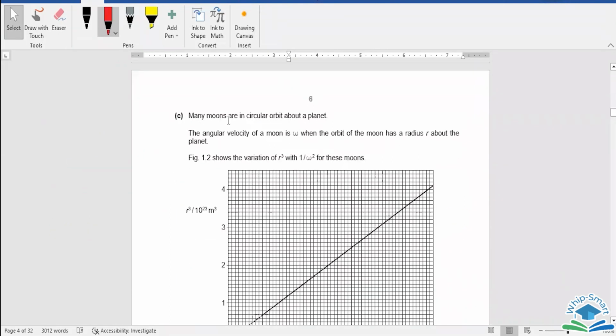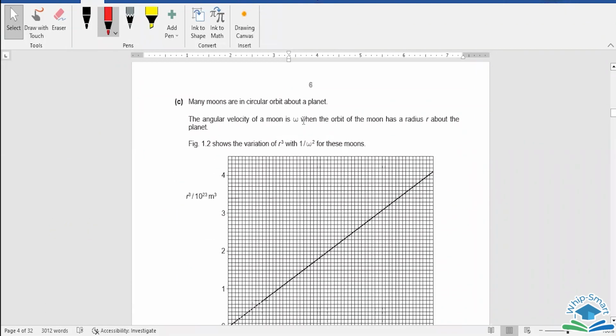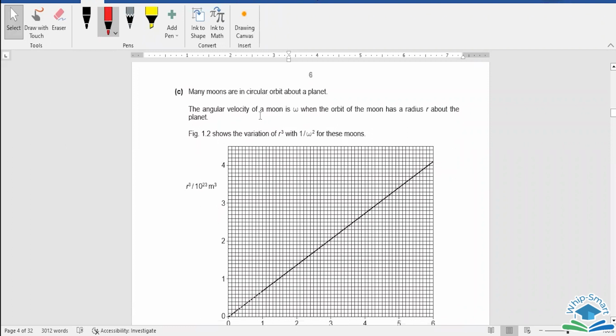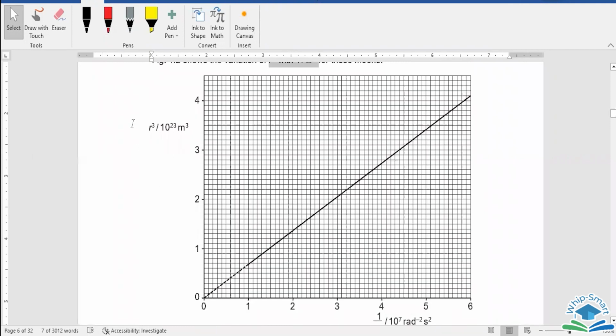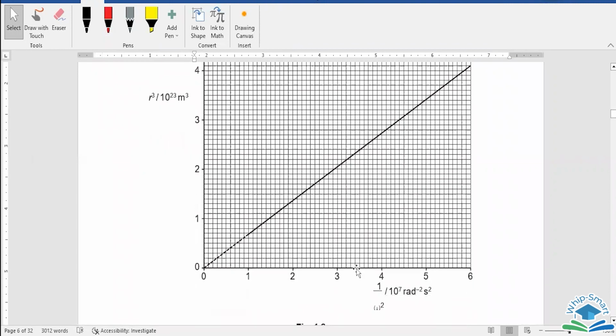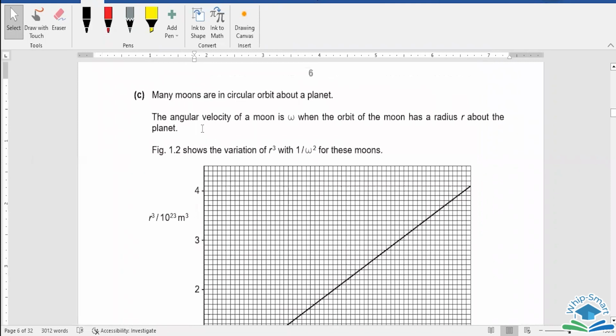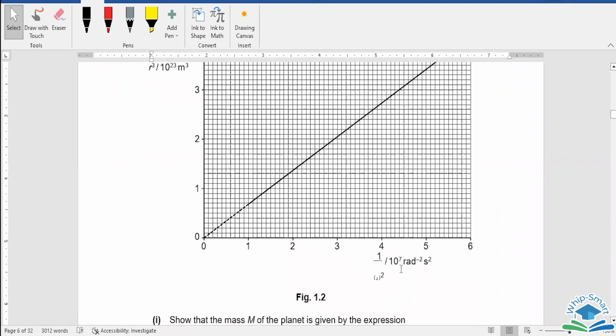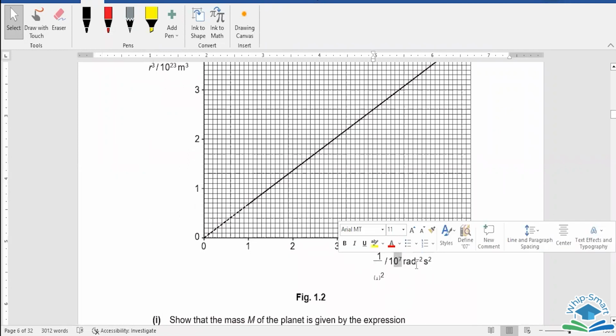Part C says many moons are in a circular orbit around a planet. The angular velocity of a moon is omega when the orbit of the moon has radius r about the planet. The figure shows the variation of r cube with 1 upon omega square for these moons. The graph is drawn between r cube upon 10 power 23 m cube and 1 upon omega square, which is actually the angular velocity of the moon, into 10 power 7 per radian square into second square.